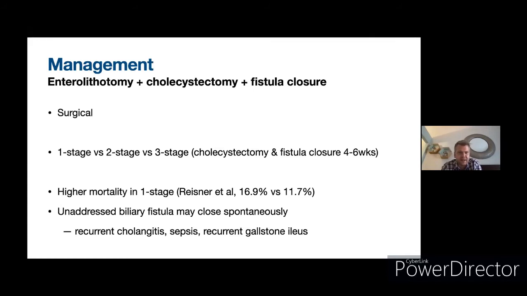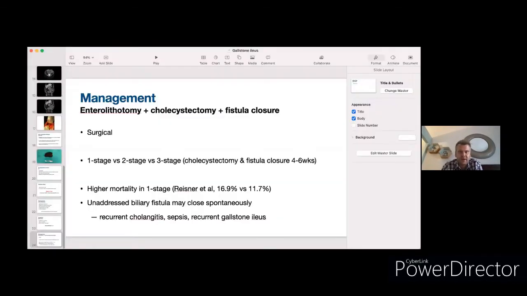Bearing in mind that the unaddressed biliary fistula may actually close spontaneously with time, but with the risk of waiting comes the possibility of recurrent cholangitis, sepsis, and even a recurrent bout of gallstone ileus if another stone should pass from the gallbladder into the lumen of the gut. You would have to be incredibly unlucky, I guess, for that to happen. And that's gallstone ileus.